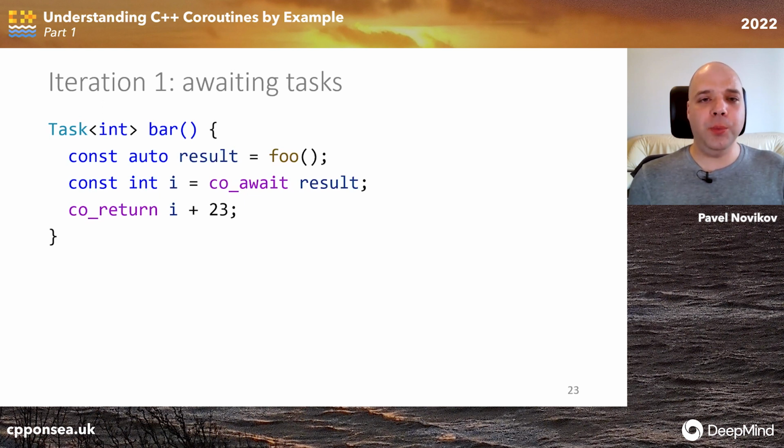And only after we call co_await on that result, we can be sure that the task that we call co_await on is ready. And we, after that, can use the actual value, the result value that we got from that full coroutine.